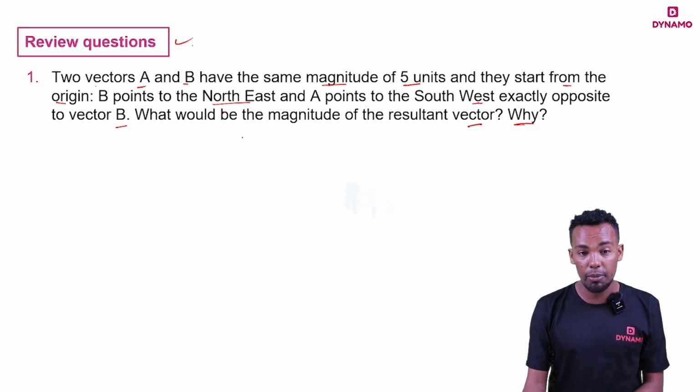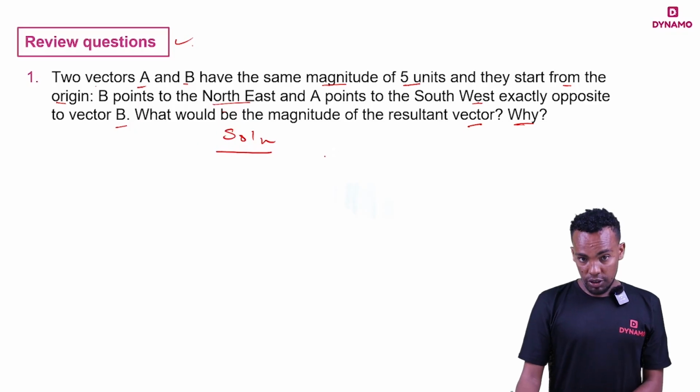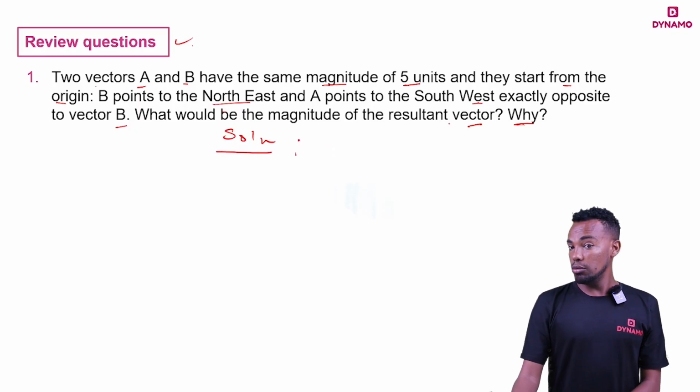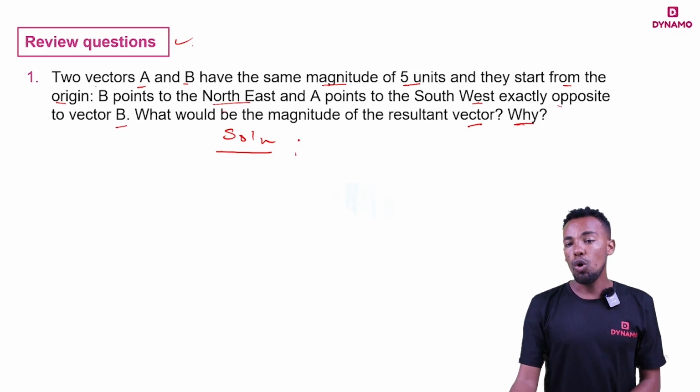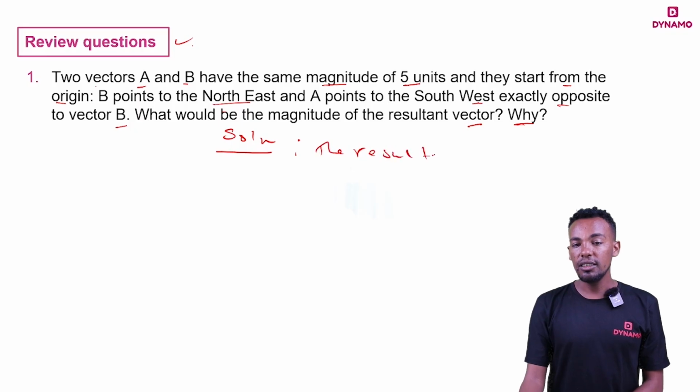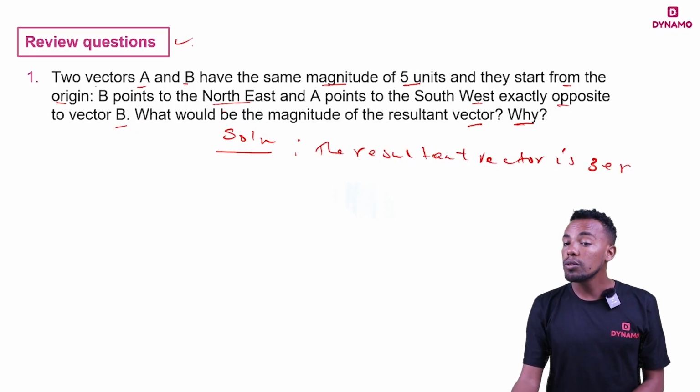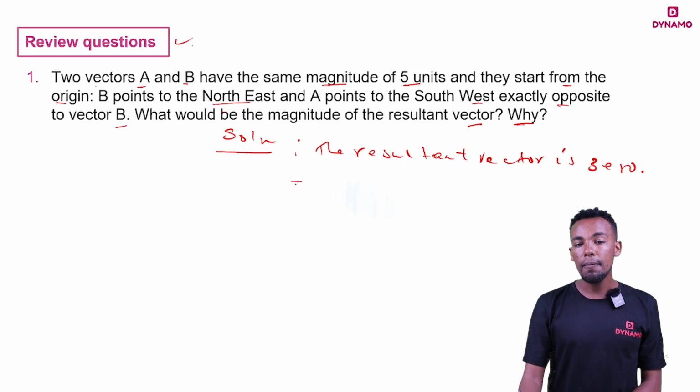The resultant vector is 0. Very simple, because they have opposite direction. Why?